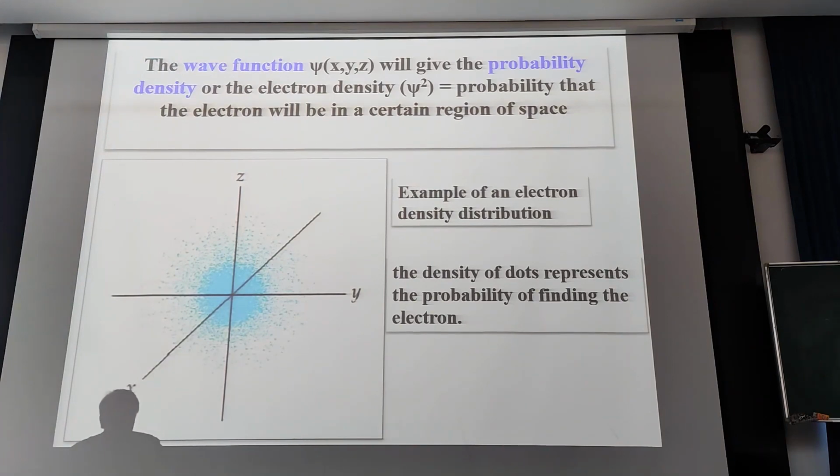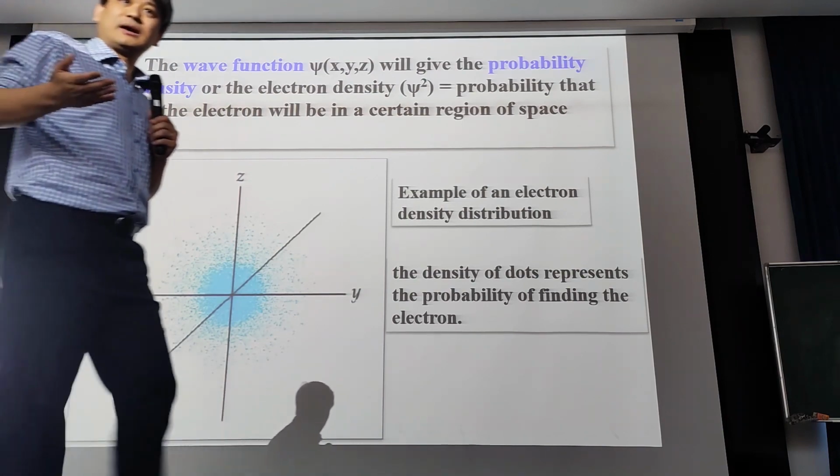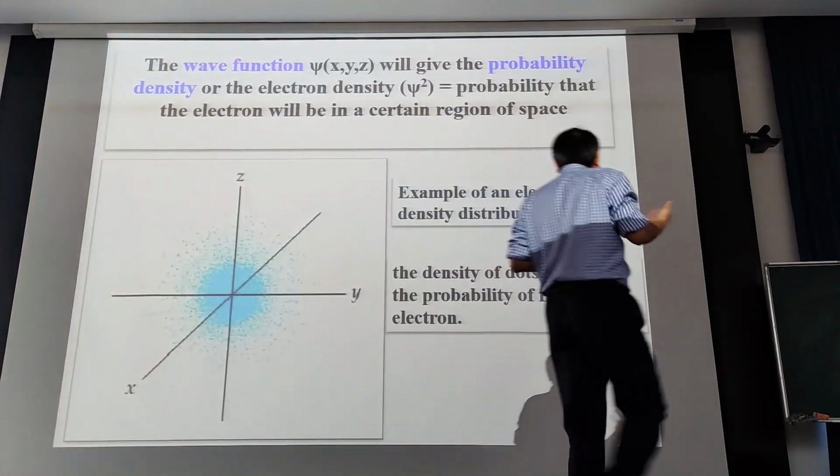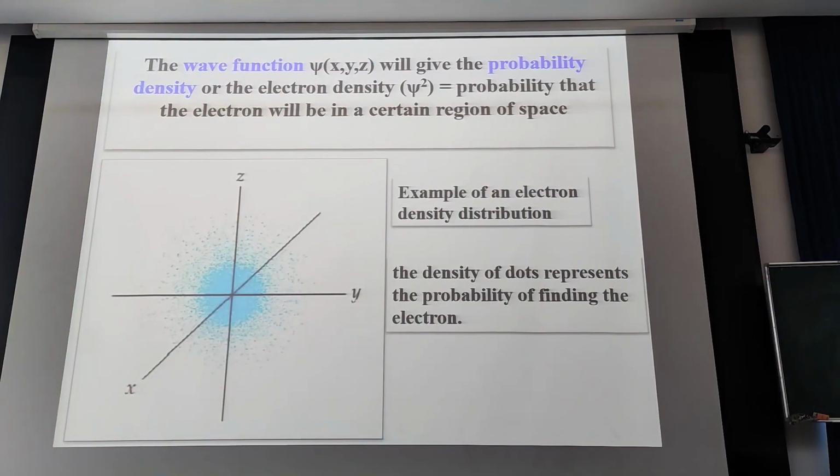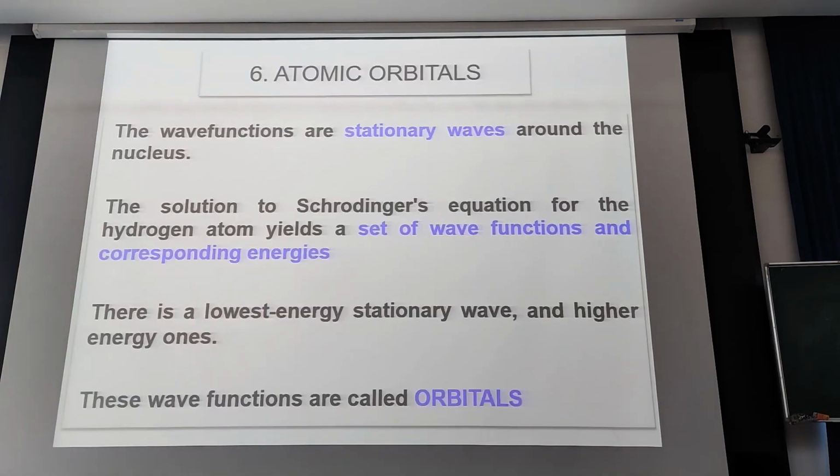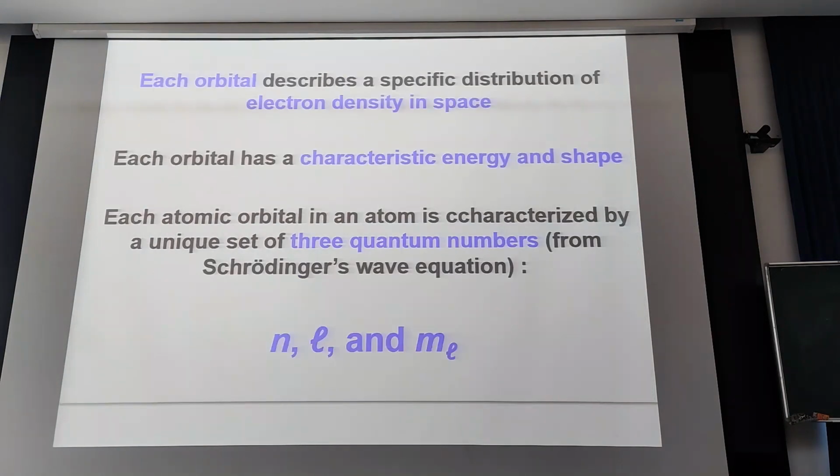So we go orbital. You can ask me what would be the high probability? 50%, 60%, 90%? Whatever you want. But cannot be 100%. Okay? So the space around the nuclei where you can have high probability to find electron, we call orbital. Okay?